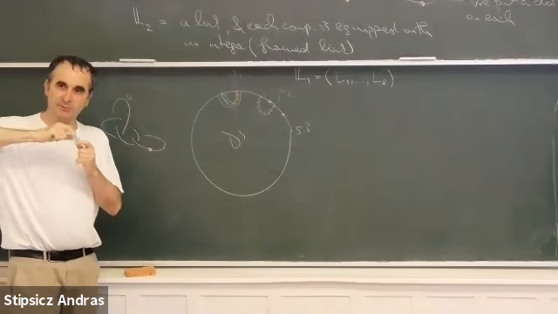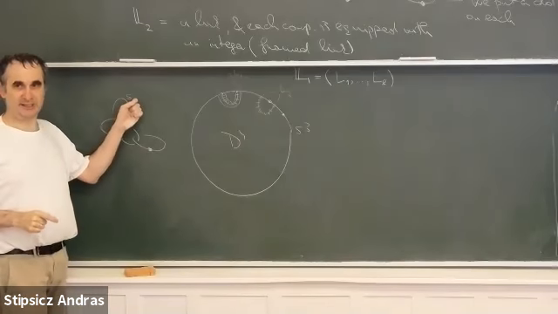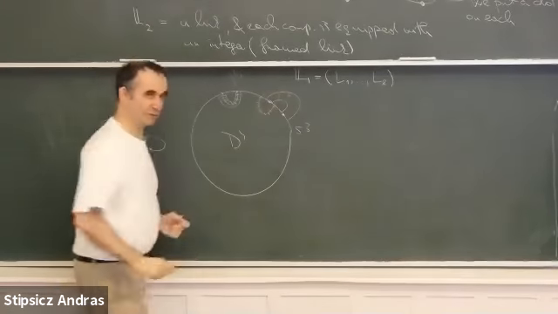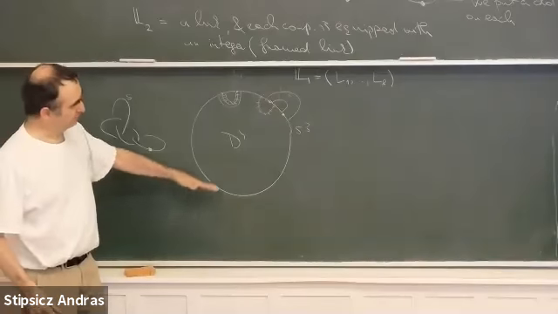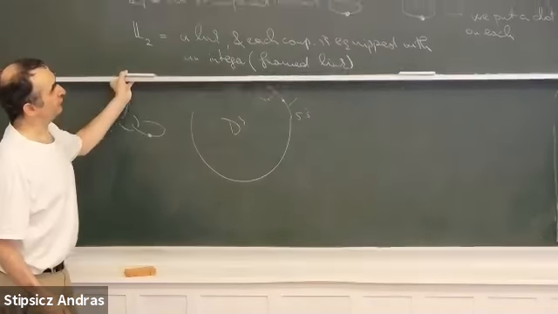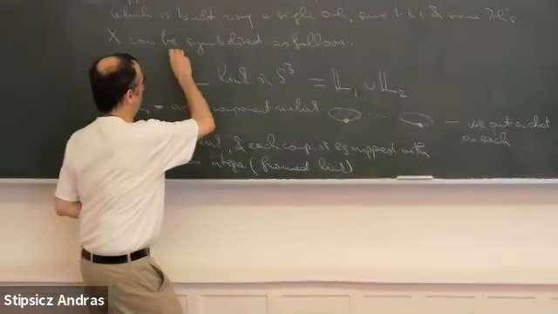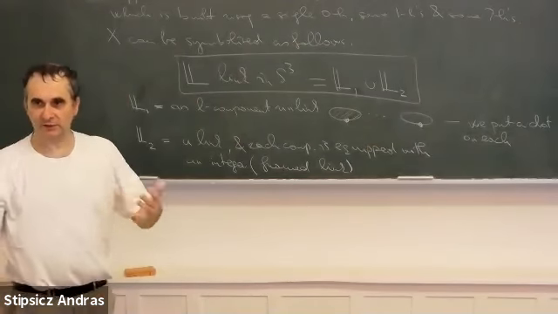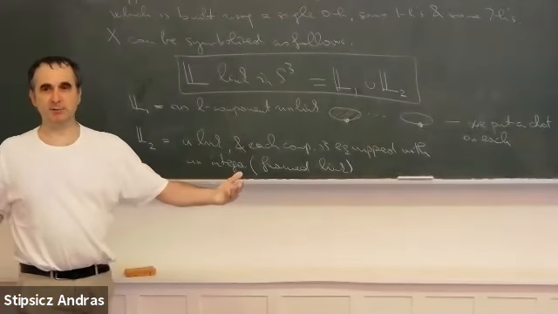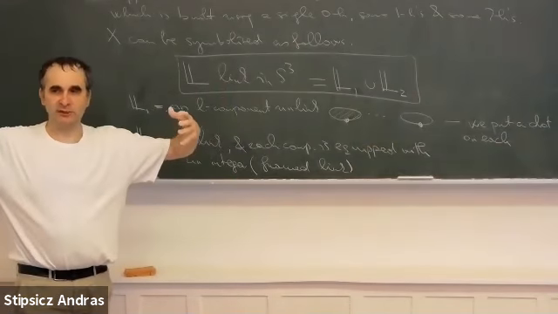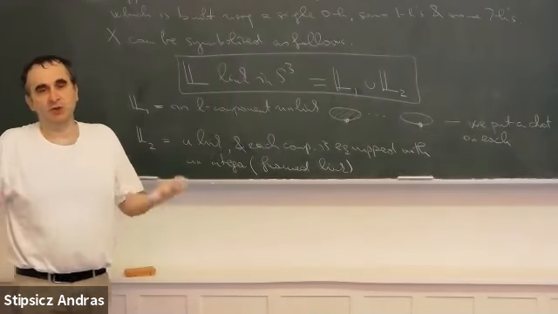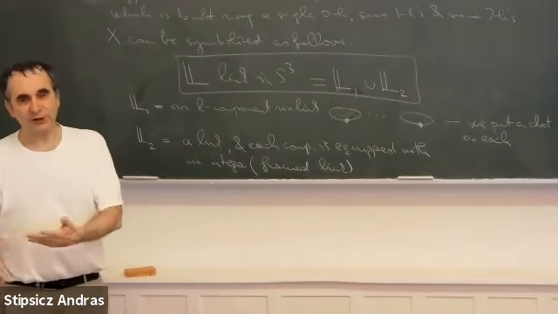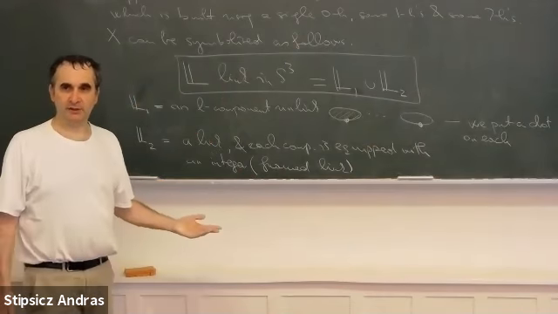So you take the normal bundle dictated by this framing, and then you attach a four-dimensional two-handle along that. So this is how you build up from that information an X. And if the boundary of the result turns out to be a connected sum of S1 cross S2s, then you close it with 3 and 4 handles. Otherwise, you don't have a closed manifold. So this is sort of a combinatorial link theoretic way of specifying four manifolds.